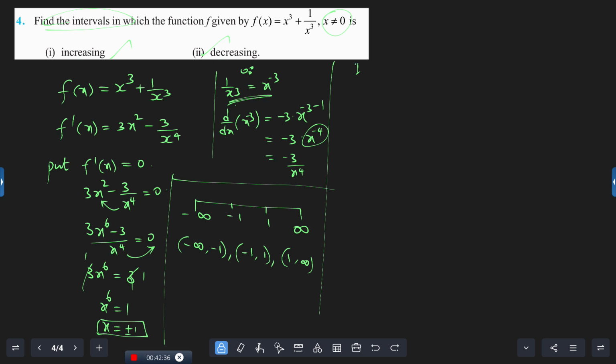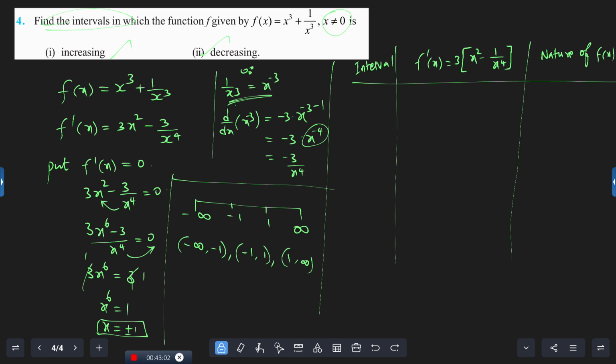Okay, table. f dash of x is 3x square, or taking 3 outside, x square minus 1 divided by x power 4. And the nature of f of x, whether it is increasing or decreasing.